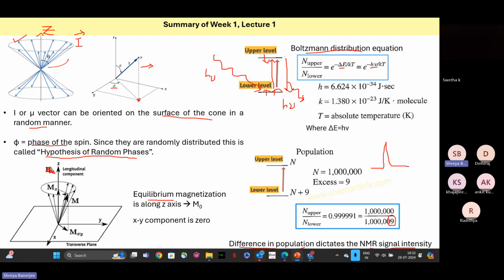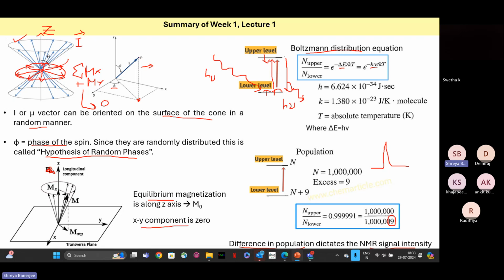And why is that? Let us imagine there is a plane here, and each of these vectors will have x, y, and z components. The xy components are all randomly distributed in different directions. And when you take the net of the xy components, they will all cancel out. So if you sum up the magnetization x plus y, this will come as 0. That is why the xy component is 0.